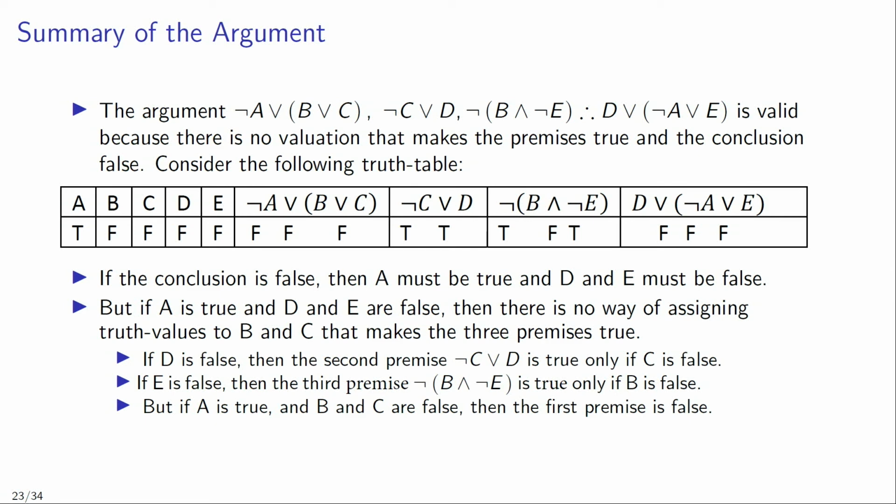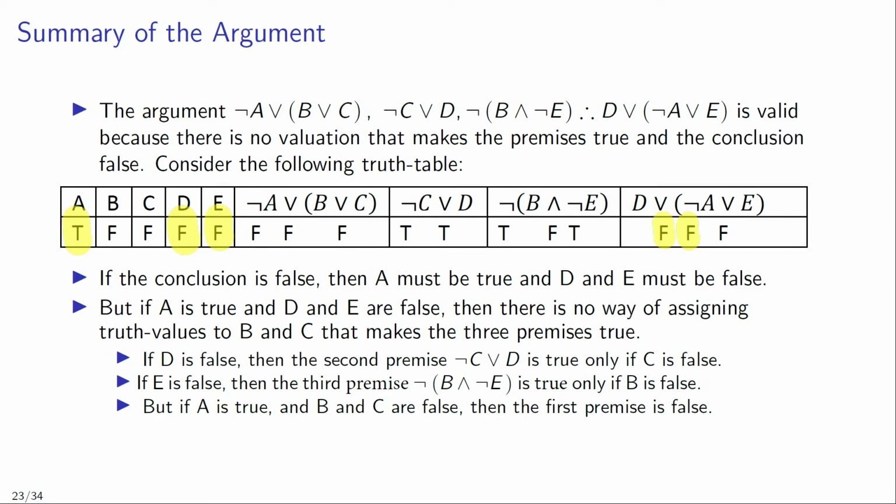If the conclusion is false, then not A must be false, which means that A must be true, and D must be false, and E must be false. But if A is true and D and E are false, then there's no way of assigning truth values to B and C that makes the 3 premises true.